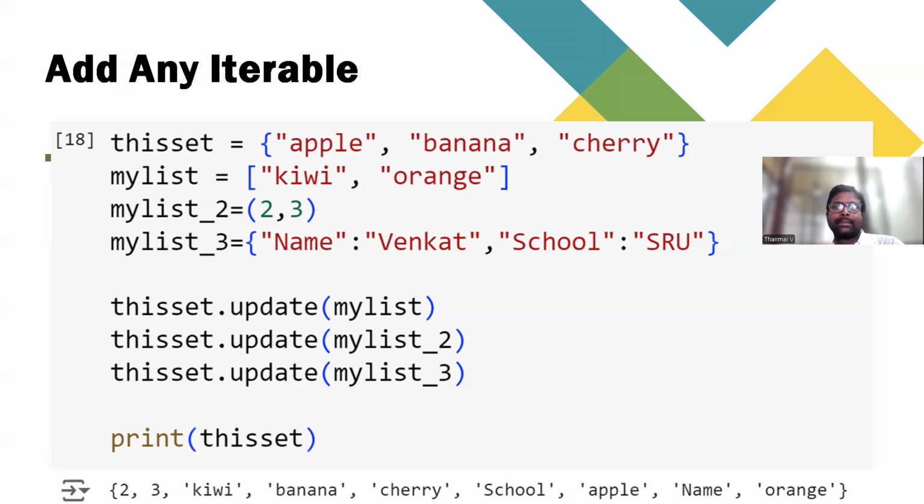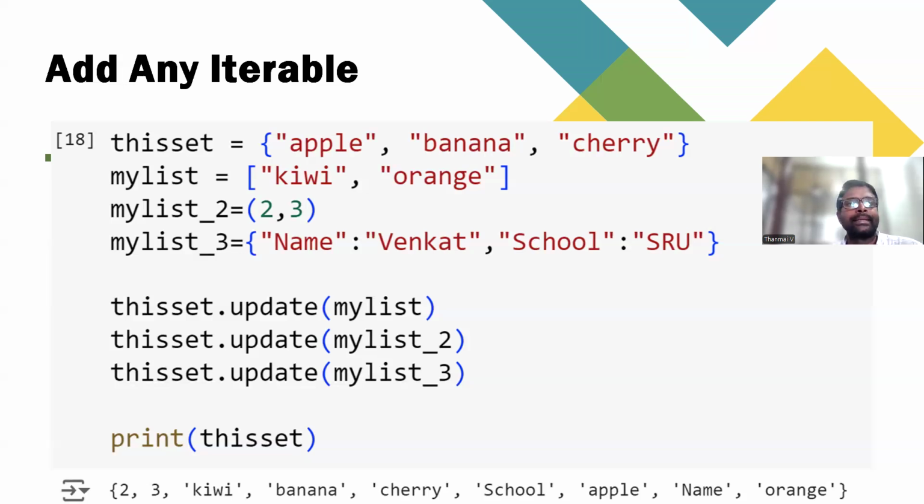So in the previous slide, we observed that if we want to update the elements in a particular set, I took some other set's elements and updated with them. You can take the elements from the list, the tuple, or the dictionary, and update the elements in a particular set. Like that also you can do.